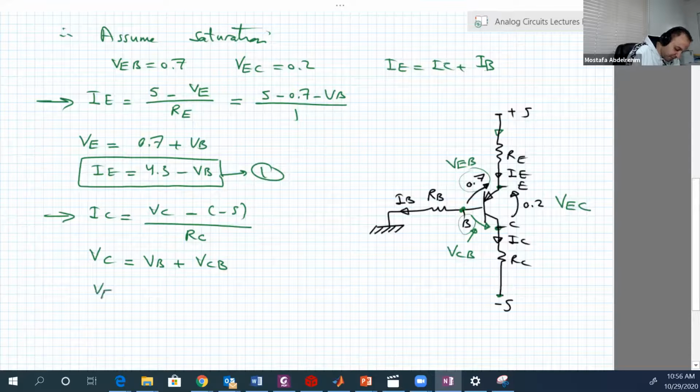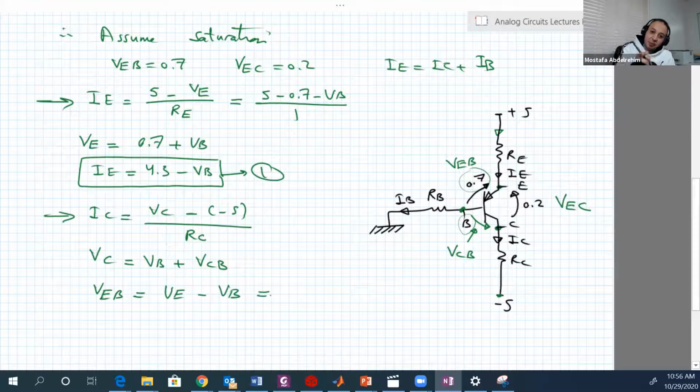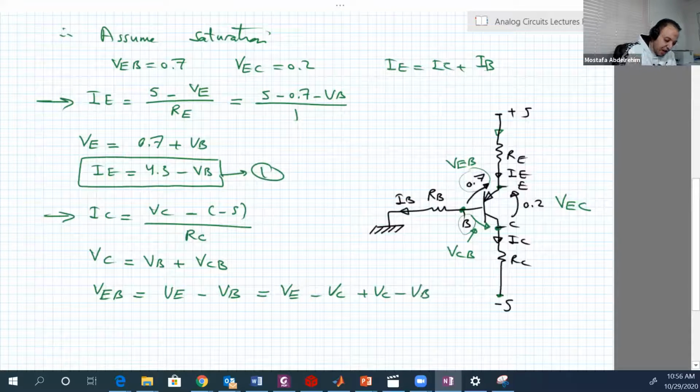VEB is equal to VE minus VB. Add and subtract VC, so you don't do anything. So VE minus VC plus VC minus VB. I just added VC and subtracted VC, so nothing changed here.